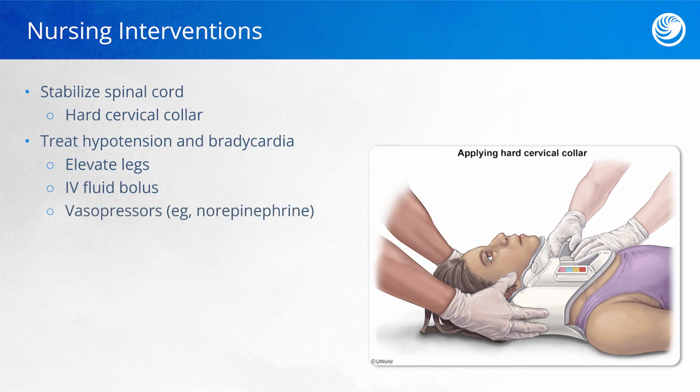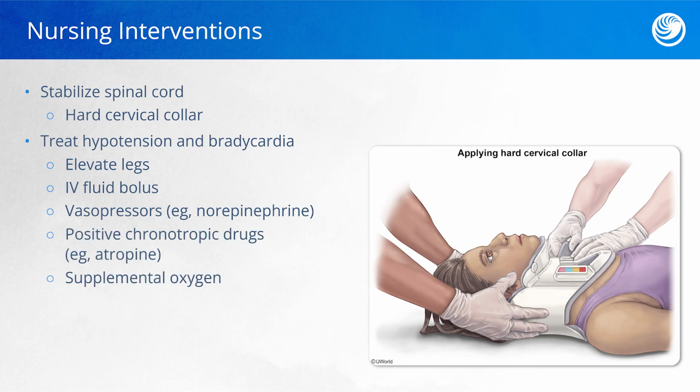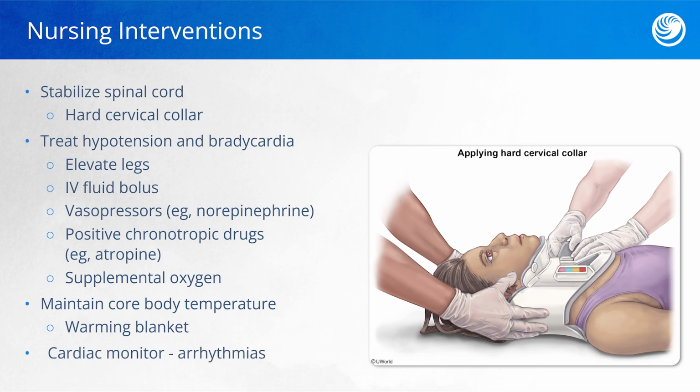We'll give vasopressors to help constrict the vessels and increase blood pressure. We'll give positive chronotropic drugs for bradycardia, and we'll provide supplemental oxygen. We can maintain their core body temperature with warming blankets, and then the client will be on cardiac monitoring so we can look for arrhythmias and treat them quickly.